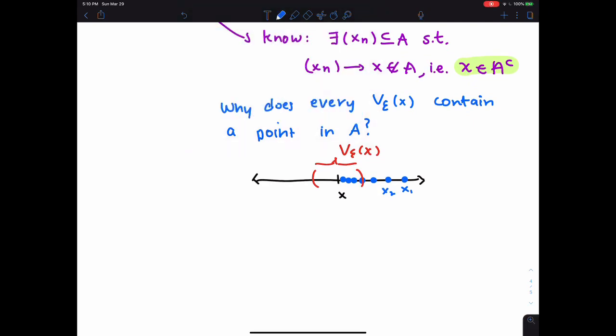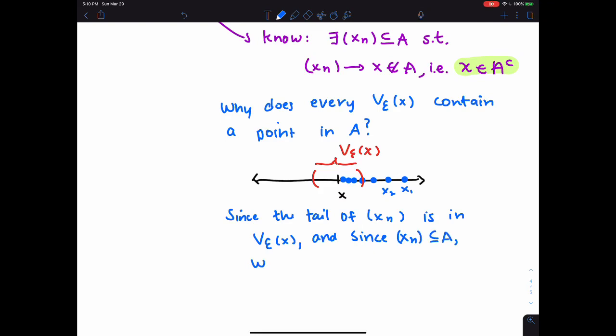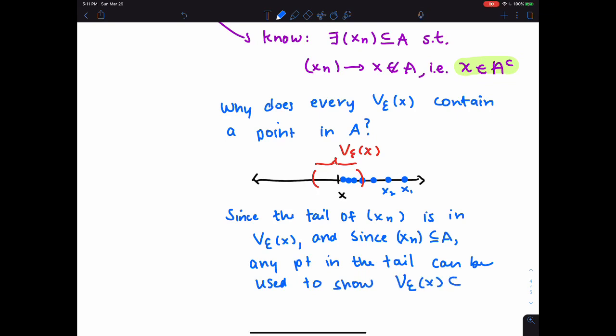So since the tail of xn is in V epsilon of x, and since xn is a subset of A, any point in the tail can be used to show that the epsilon neighborhood of x isn't contained in the complement.